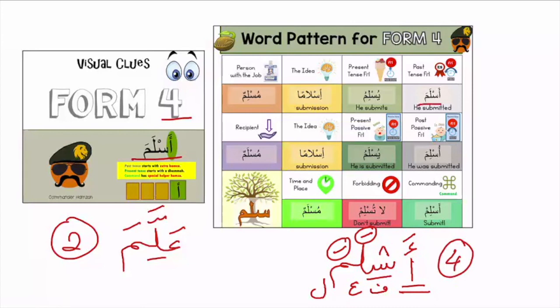So this is our fel madi, fa'iluhu huwa. Then the fel mudari would be yuslimu. If you remember, family 2 has allama, right? So how many letters? Allama: ain, lam, lam, mim. So 4 letters.